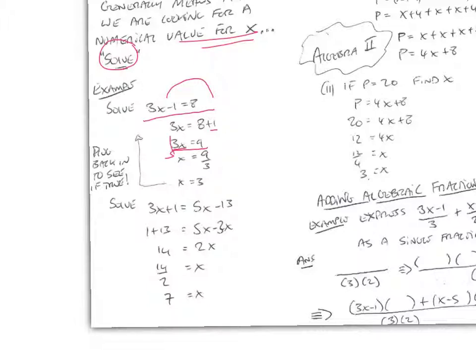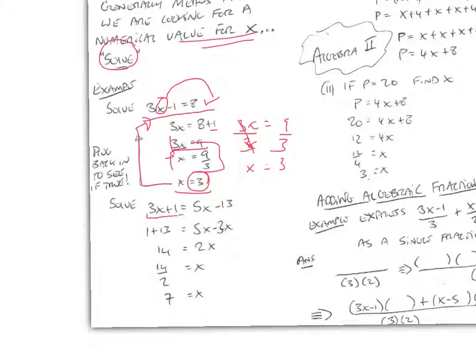So they cancel and we get x equal to 9 over 3, which is 3. We can check we got the right value for x by plugging it back in. 3 times 3 is 9, minus 1 is 8, so that's correct.